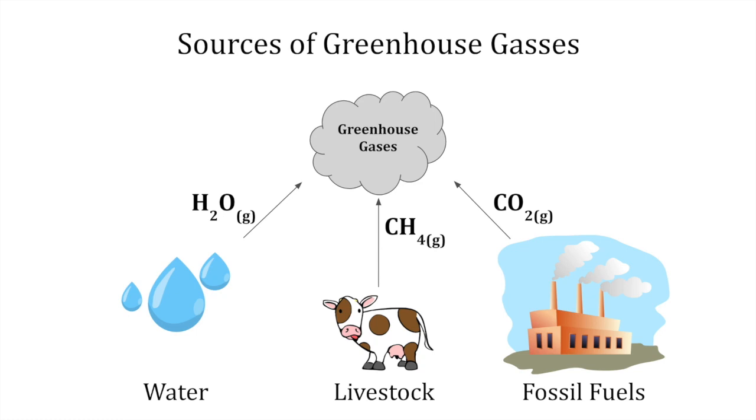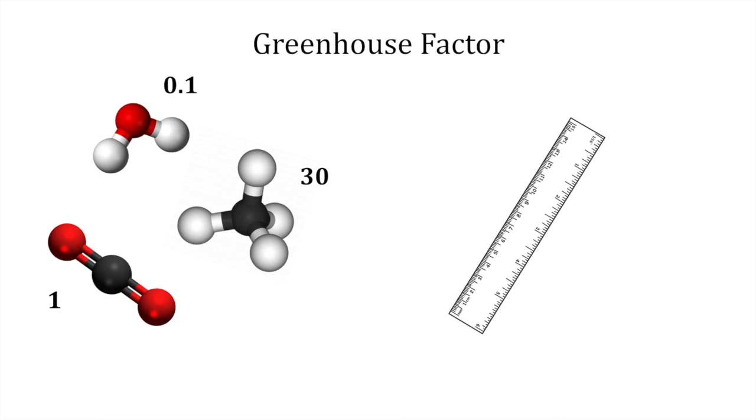Now we're going to look at something called the greenhouse factor to get a better understanding of how these things are measured and how we know exactly how much each gas contributes to global warming. So not all gases are equally efficient at absorbing infrared radiation. The ability to absorb infrared radiation actually depends on the change in dipole moment that occurs as a molecule vibrates.